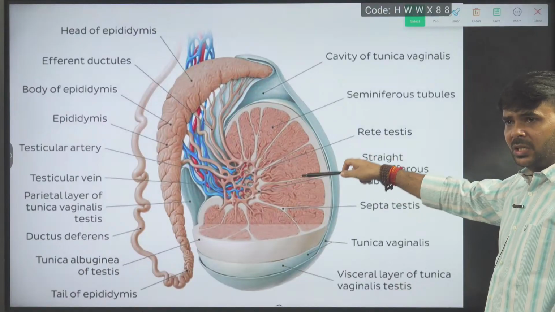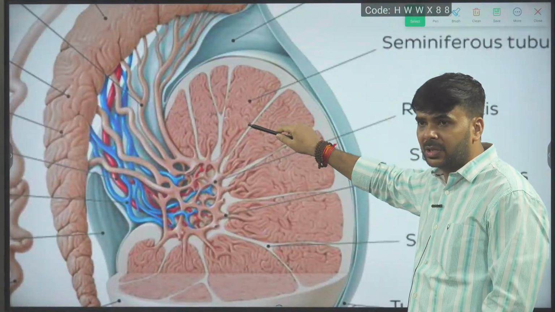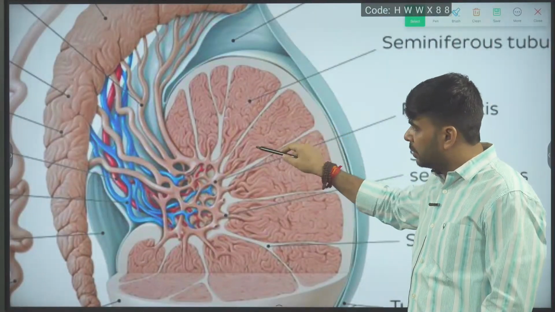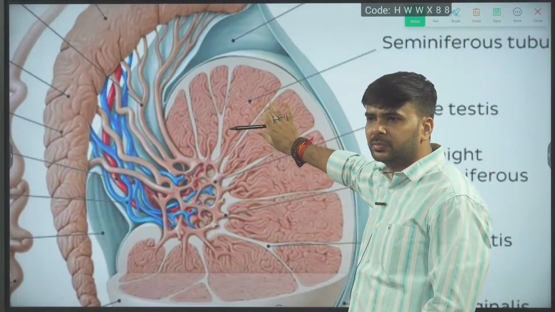Here, the same testes, the compartments are very clear. You can see these are testicular compartments, these are seminiferous tubules, and this is epididymis. Very clear diagram.